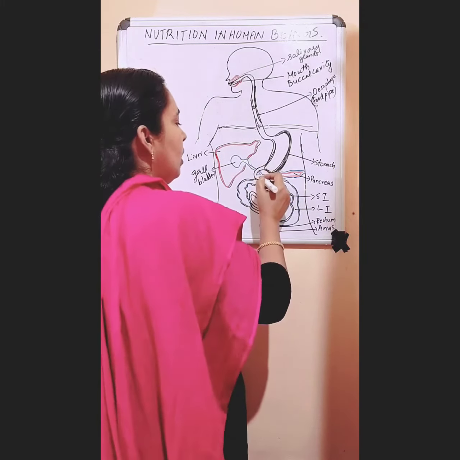And the excess food or excess energy is stored in the form of glycogen, and it is stored in our liver. So which is the energy reserve in human beings? That is glycogen.